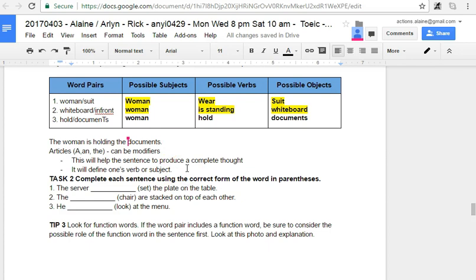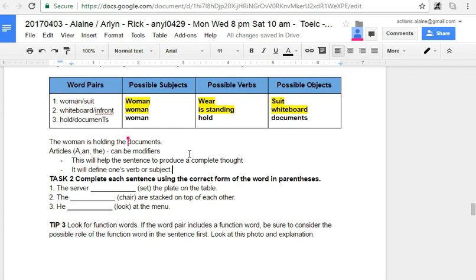You cannot say, I am playing in garden, but you can say, I am playing in the garden, right? Because you have to define that the garden is a place where you are playing.